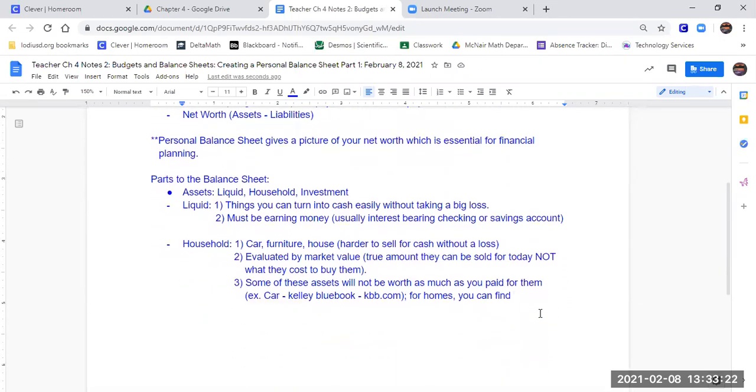So to find out the value of homes, I do recommend Zillow.com because they'll compare it. They have software built in that compares other houses near yours, similar sizes. It's called a Zestimate, for Zillow, I guess. But when you go to put those on your balance sheet, you have to look at current market value. Okay, current market value.